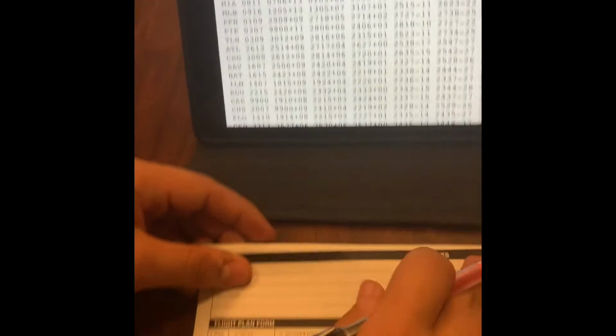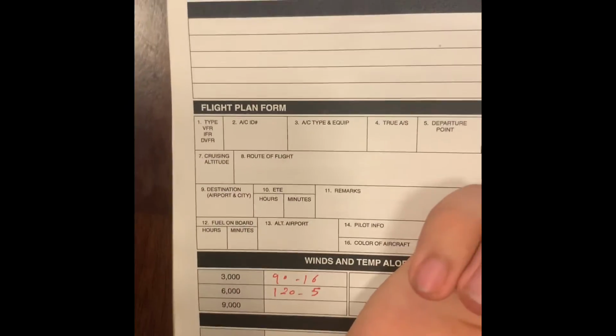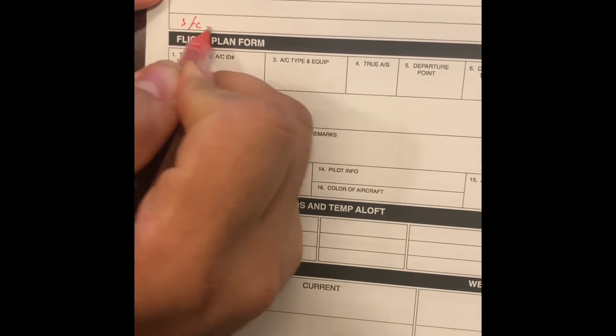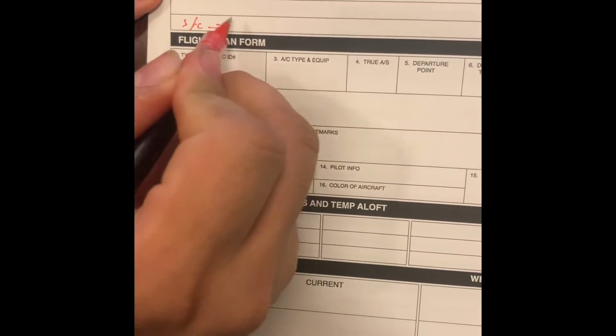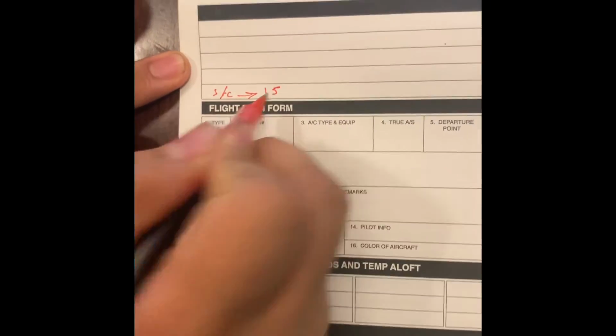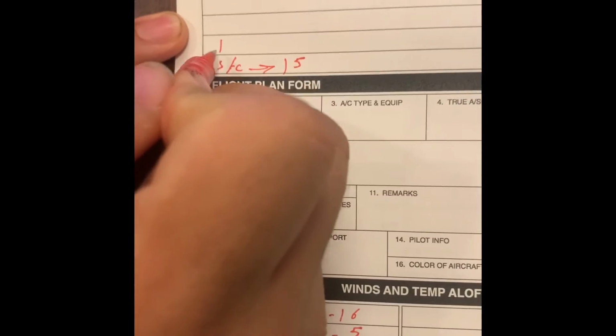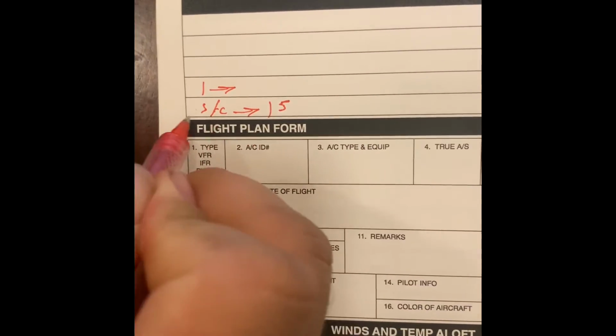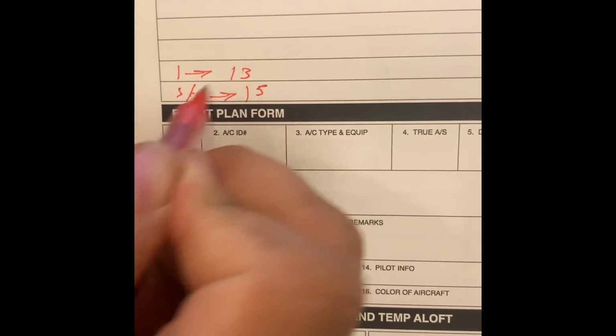Okay, so here on the top, we're gonna be correcting for our temperature. So our surface, as we know, our standard temperature is 15 Celsius. The more we go up, each 1,000 we lose 2 degrees, so at 1,000 it's gonna be 13 Celsius.